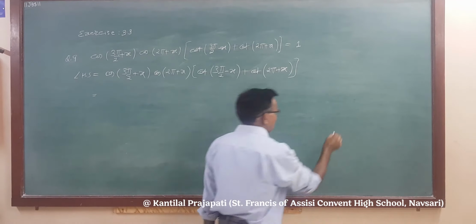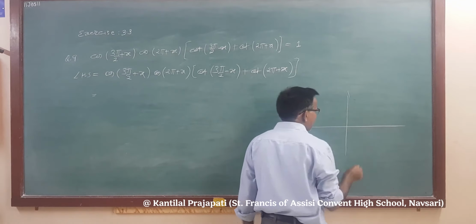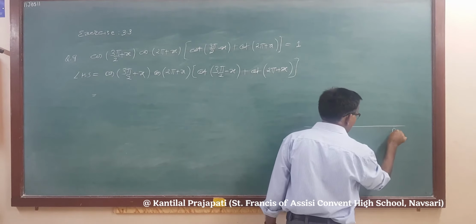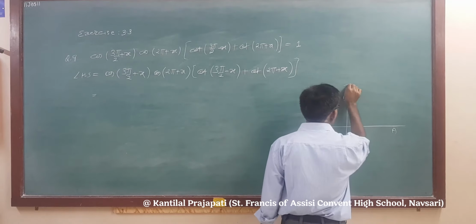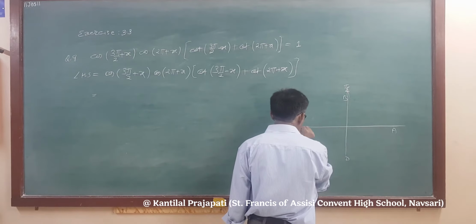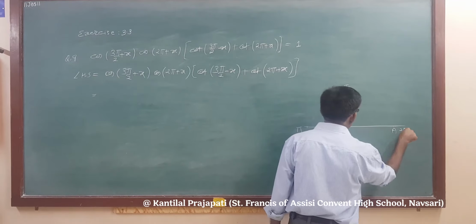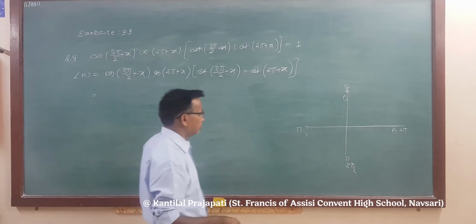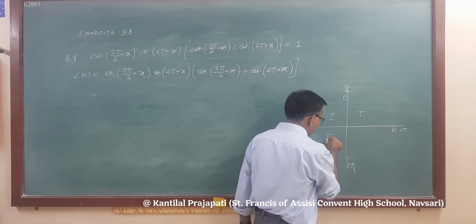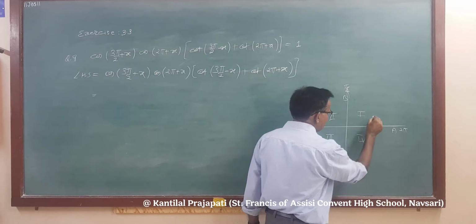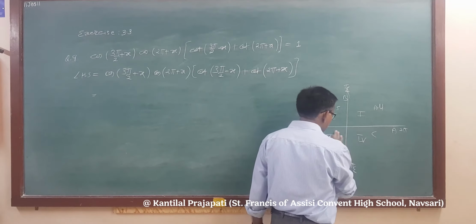See the points on the coordinate axis, points A, B, C, D on the unit circle. Here we get pi by 2, here pi, here 3 pi by 2, and again here 2 pi. So here is now the all S T C. This is the first quadrant, second quadrant, third quadrant, and this is the fourth quadrant. Also remember all S T C.